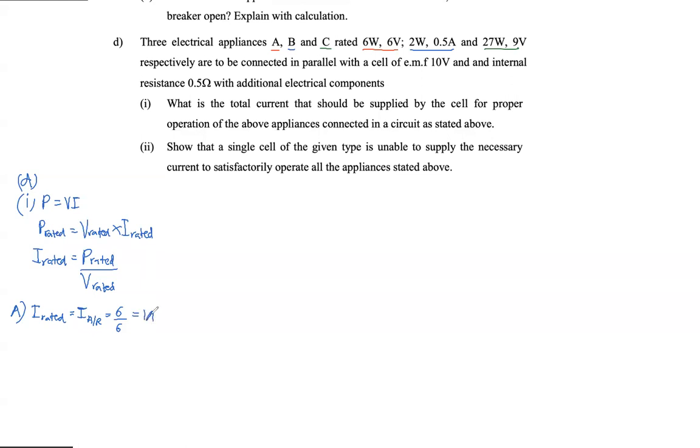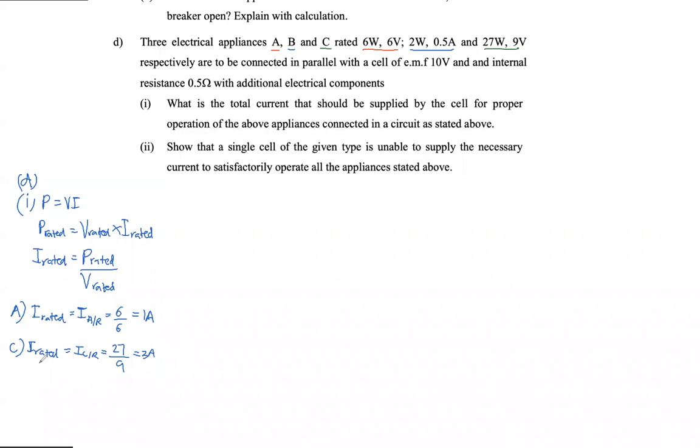So we need 1 ampere current through A. Then for C, the rated current, let's term it ICR, is equal to power 27 over voltage 9, that is 3 ampere.